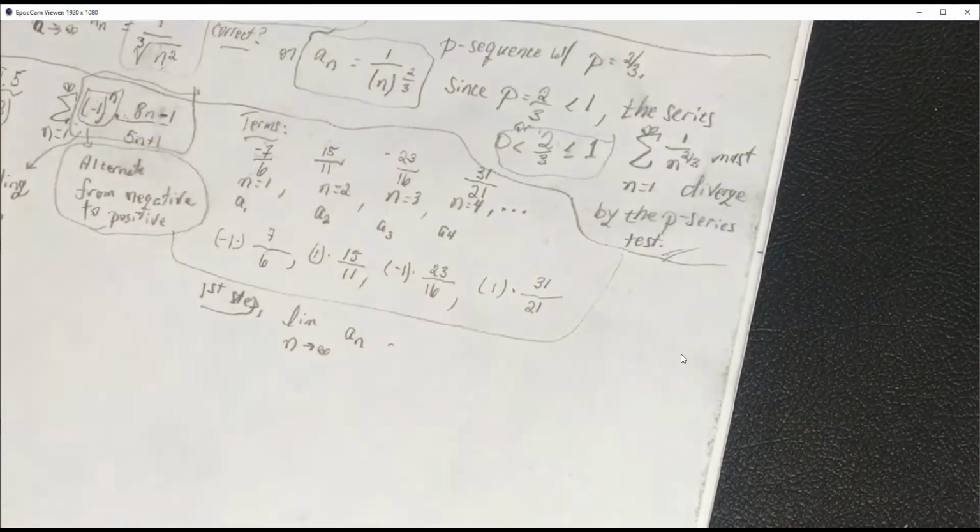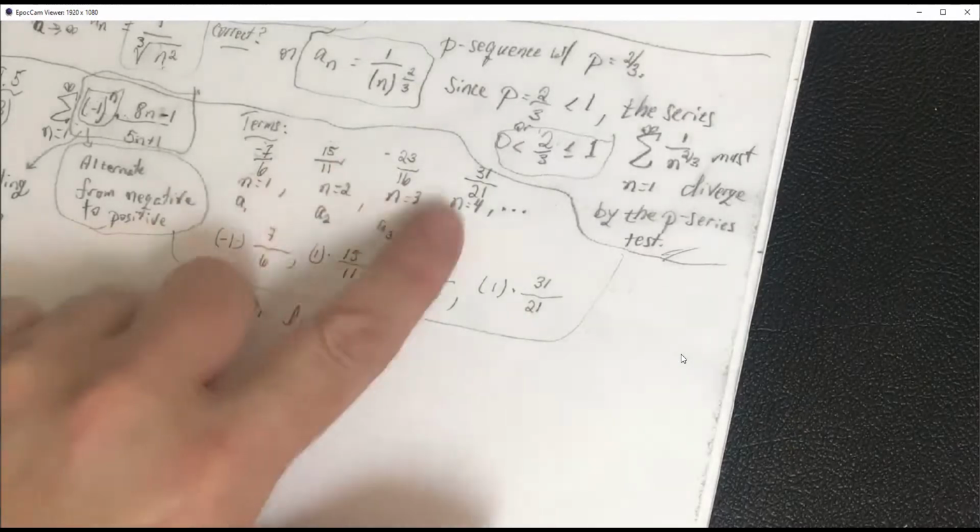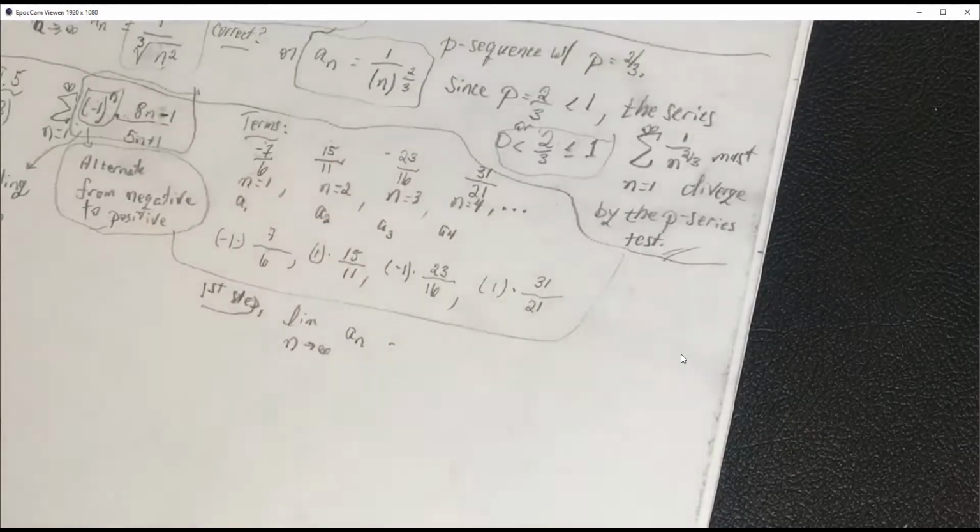If they are, then there's a chance that the sum of these terms could converge. If these terms do not get closer and closer to 0, then we're done, and we don't need anything further, no further exploration. We say the series diverges by the nth term test for divergence. Is it okay? Yes.